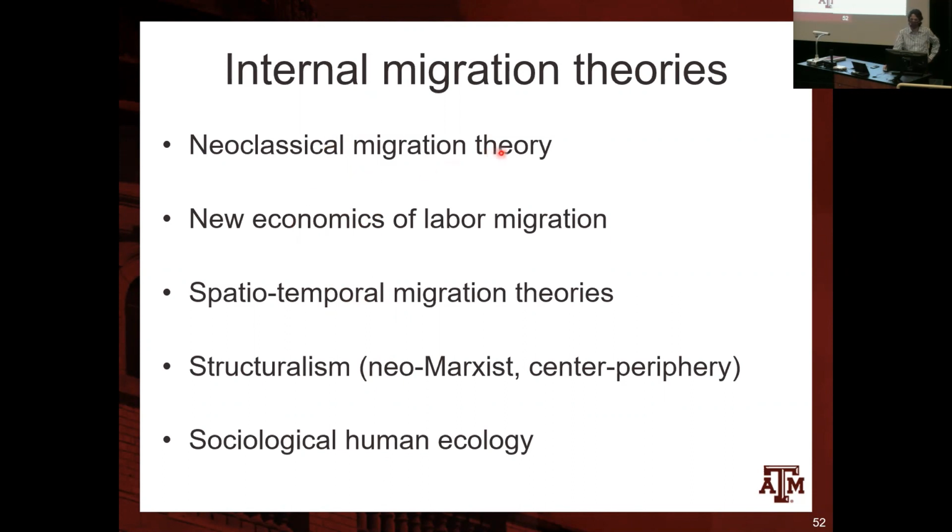So the neoclassical migration theory is more related to individual decision, a more economic approach. New economics of labor migration is more at the household level. Spatio-temporal migration theories and structuralism are more related to major changes that societies are passing through. And sociological human ecology is more related to an aggregate analysis of the reasons why people are migrating from one area to the other. What's important to emphasize here once again is that they complement each other. They are not fighting with each other.